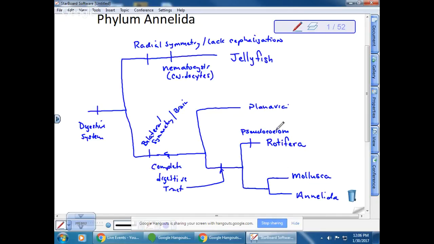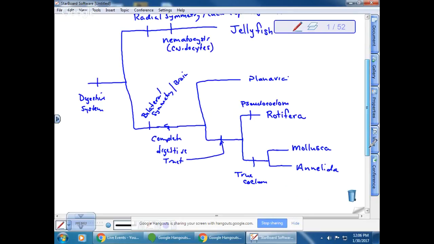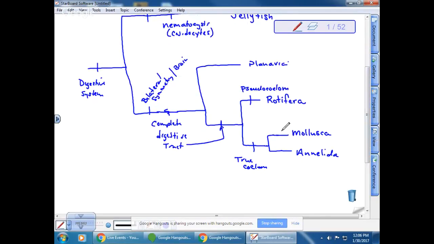So here's the pseudocoelom. This is a true coelom. So we would say true body cavity, completely lined with mesoderm. What about the mollusks? What might be a characteristic that would distinguish them from the annelids? They have a shell, and specifically they have a mantle.